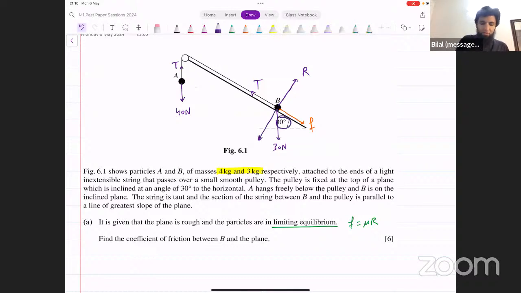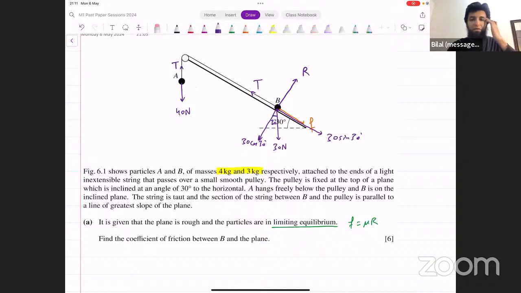If this angle is 30, we know that this angle here is also 30 degrees. This is 30 cos 30, the component that is adjacent to the angle. And the component on the other side of the angle will be 30 sin 30.